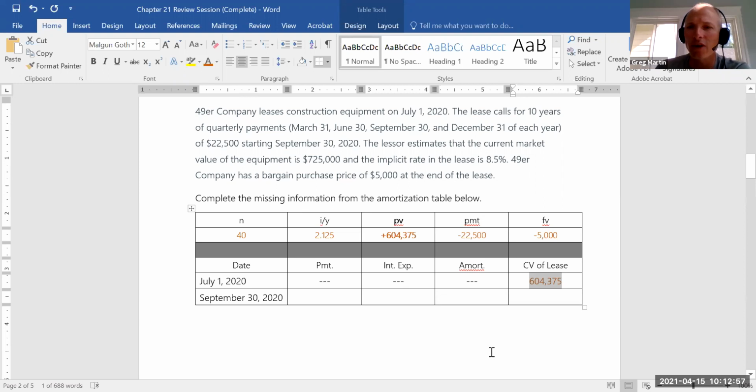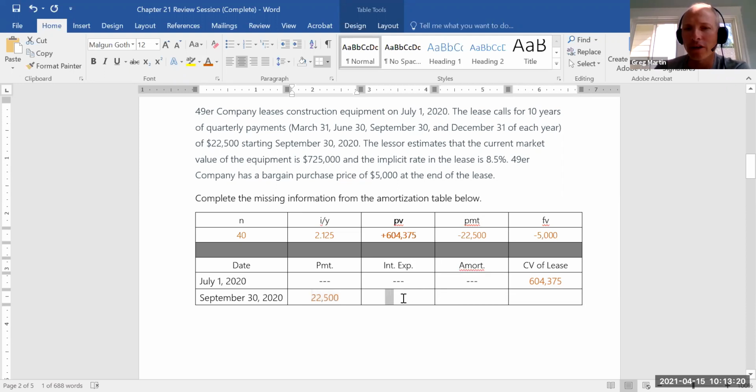Exactly. So that present value is the initial carrying value of the lease. What's the payment? Good. Yeah, 22,500.